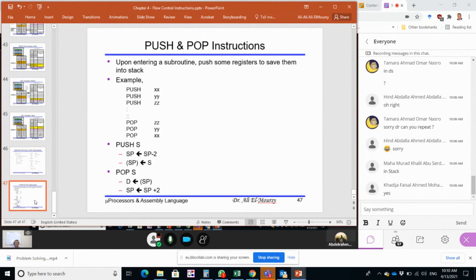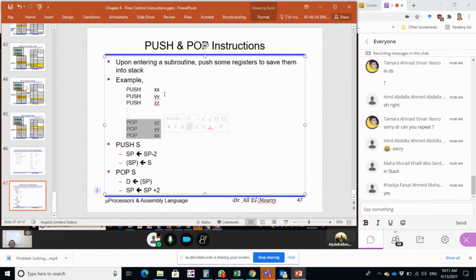So it is highly recommended that before you call a subroutine, you store the values of the registers inside the stack. Push the values of the registers into the stack before the call, and after you return from the call, pop them back from the stack.